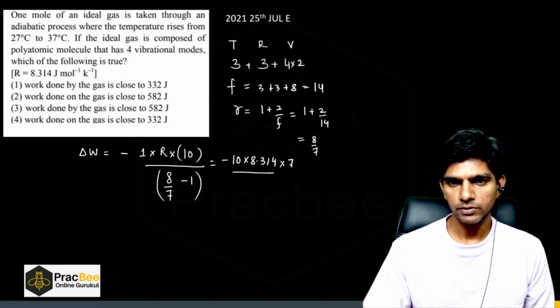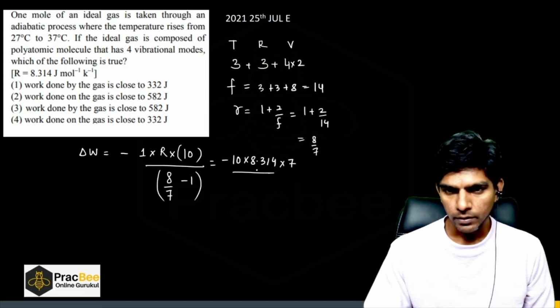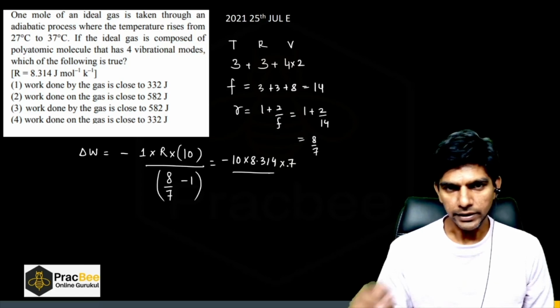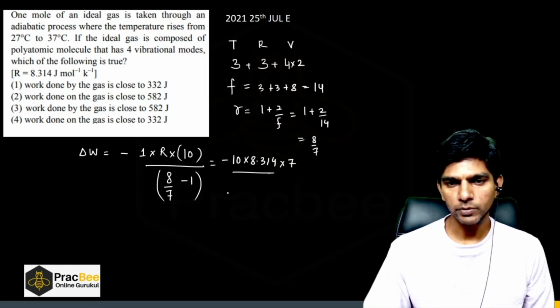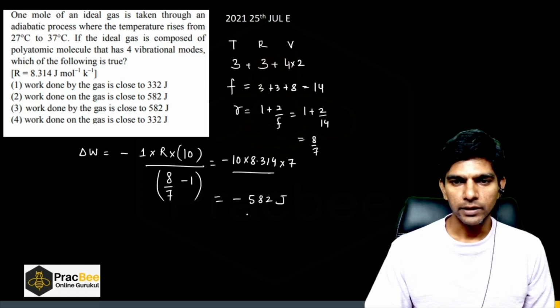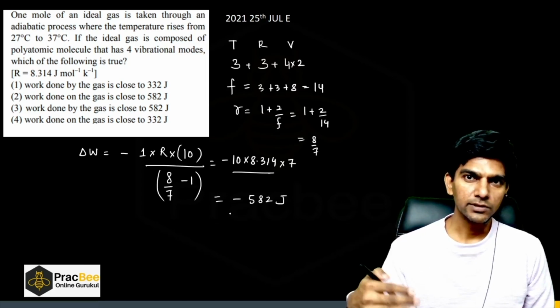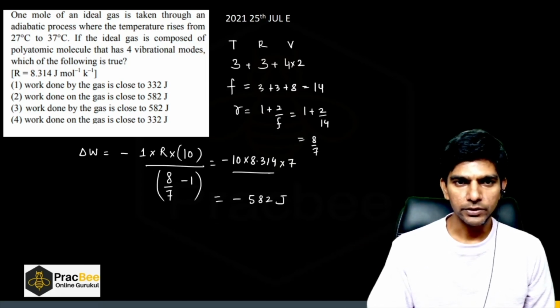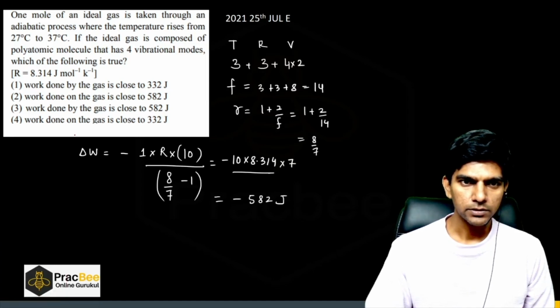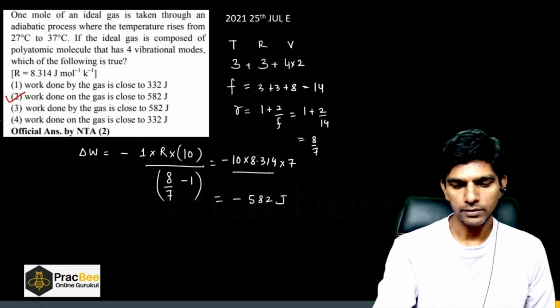If you multiply this with 7, you can clearly see that it comes close to 580, and it comes out to be negative. So it is minus 582 joules. Since it is negative, it means the work done is on the gas. So work done on the gas is close to 582 joules. So option 2 is the right answer.